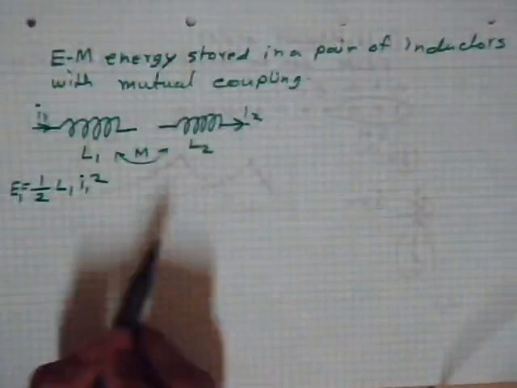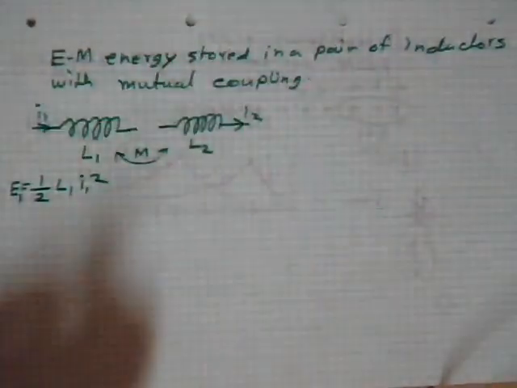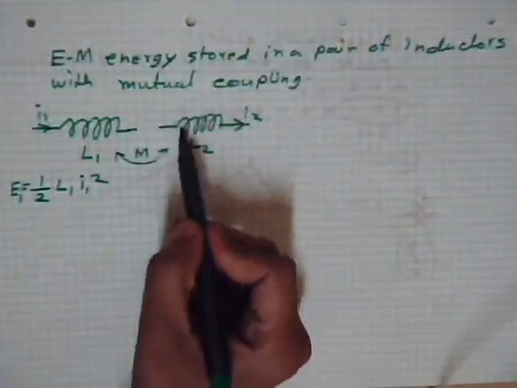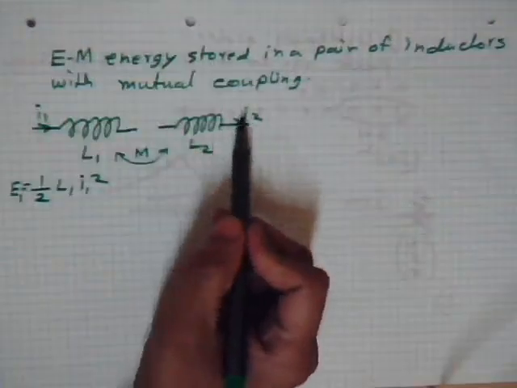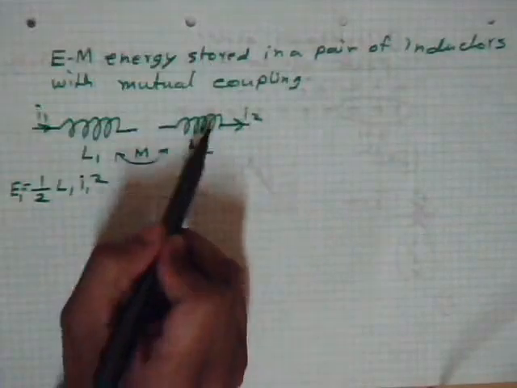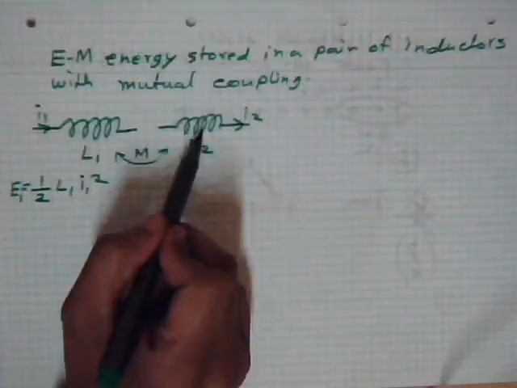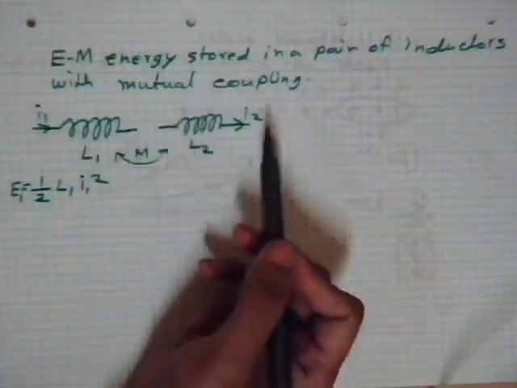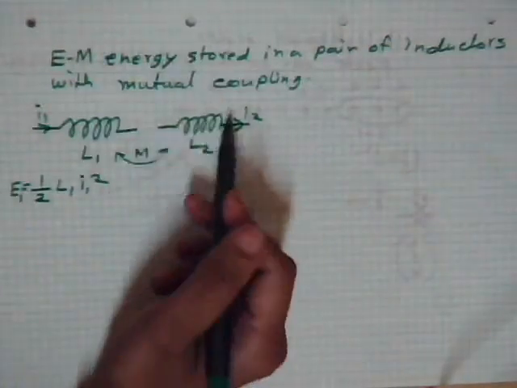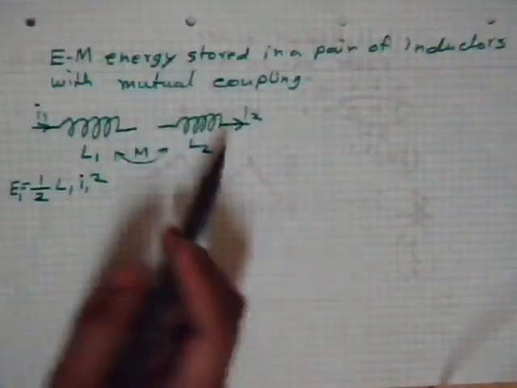When I do that, two things will happen simultaneously. Firstly, when I'm increasing the current, there will be a voltage generated in this coil which will try to oppose the increment of the current, and therefore I have to do work against that voltage to increase the current. So I have to supply some energy here.